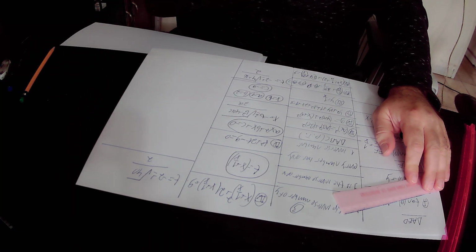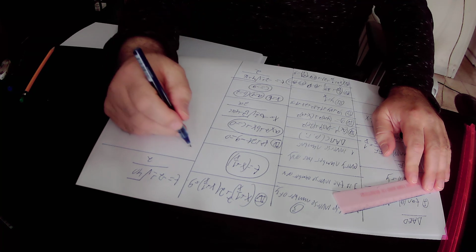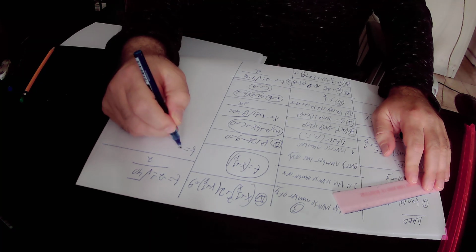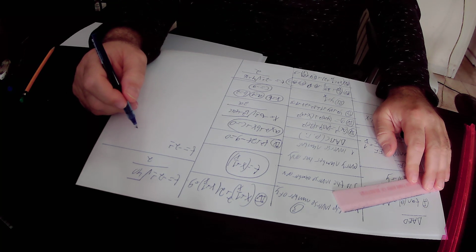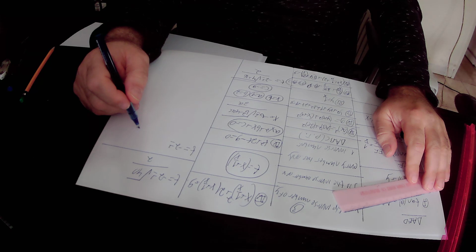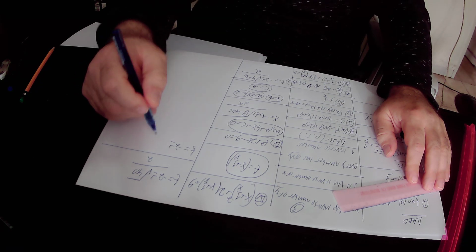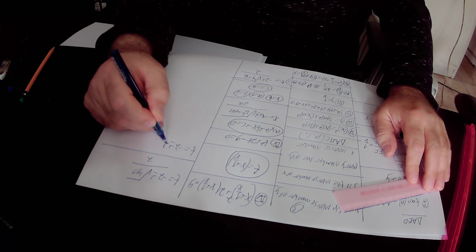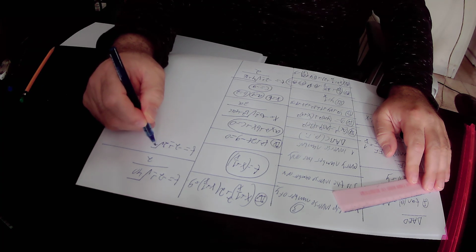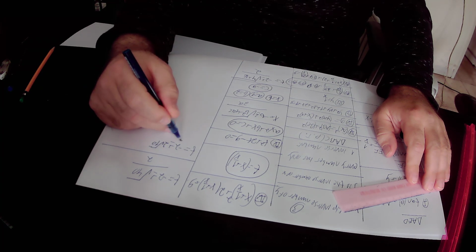So t equals minus 2 plus minus, 40 is 4 times 10, and the square root of 4 is 2. So in conclusion, we got here that t equals minus 2 plus minus 2 times square root of 10, over 2.